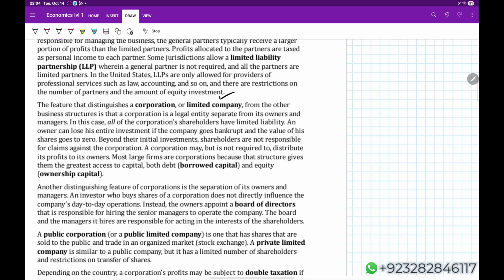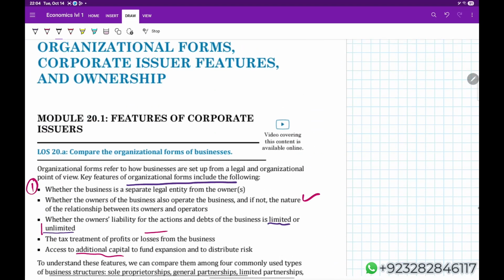If the business after liquidation does not have sufficient cash flows to satisfy the creditors' payments, lenders' payments, or debt holders' payments, then shareholders are not responsible for that.